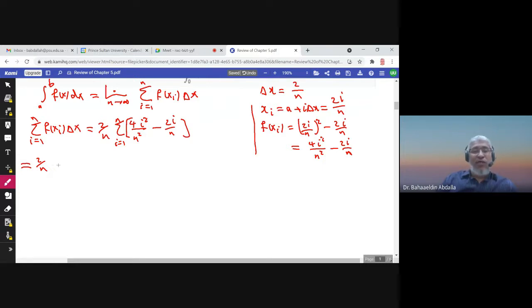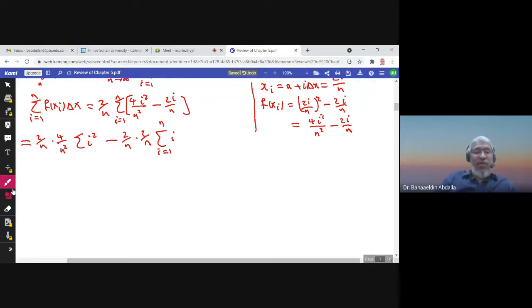So 2 over n times, also I can take 4 over n squared outside, times the summation of i squared, minus, and I'll bring this 2 over n outside, and I will have the summation of i. So 4 over n squared comes out here, and 2 over n comes out here.